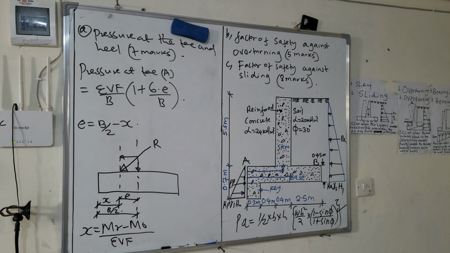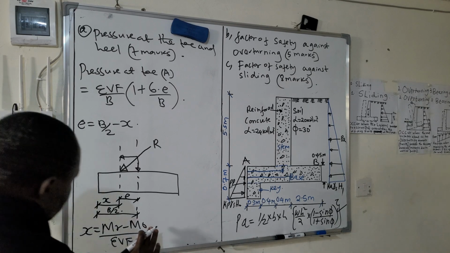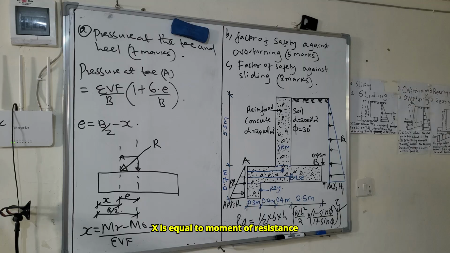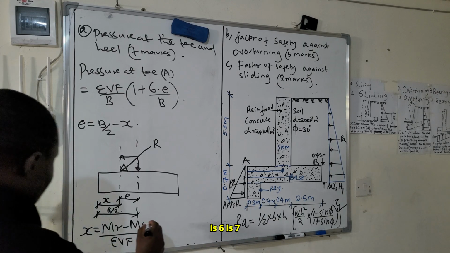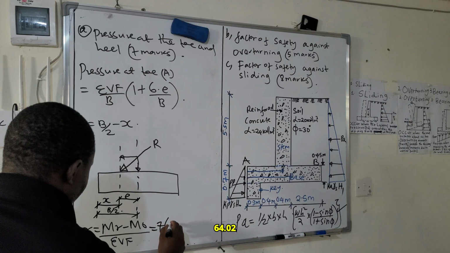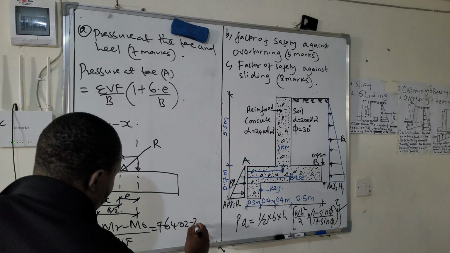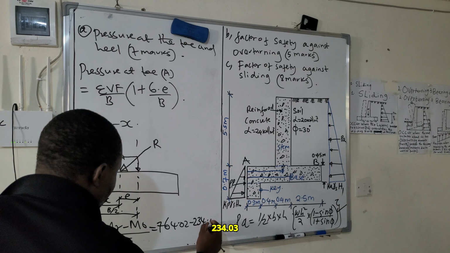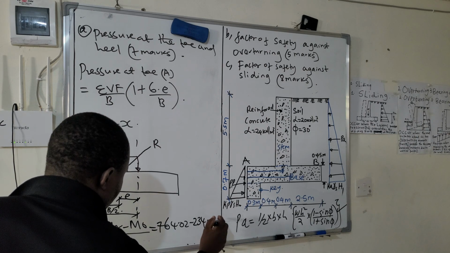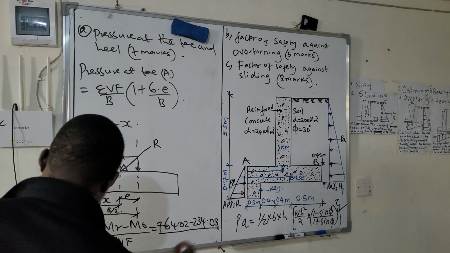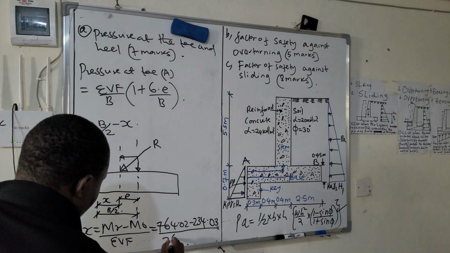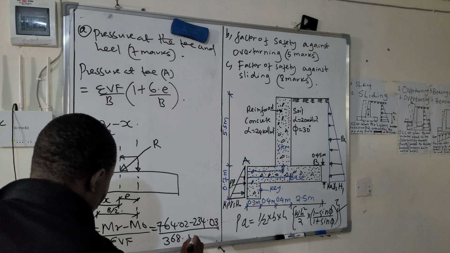So that is the formula for calculating the value of X. So X is equal to moment of resistance, which is 764.02, minus overturning moment 234.03, all over 368.48.